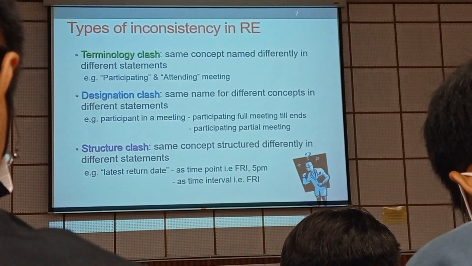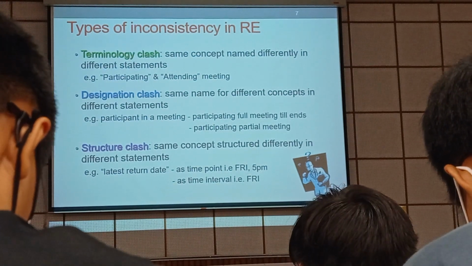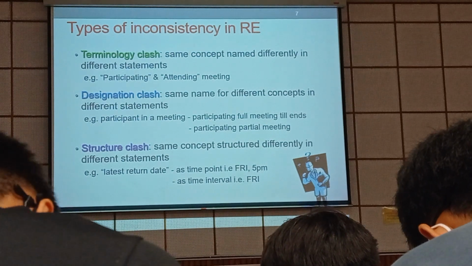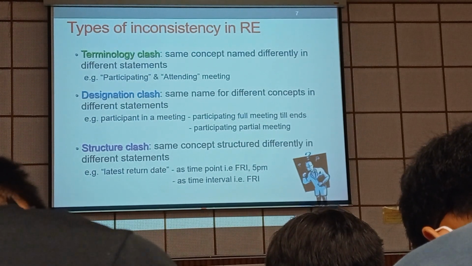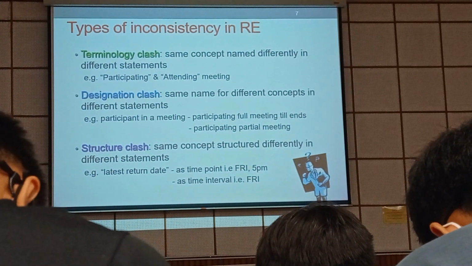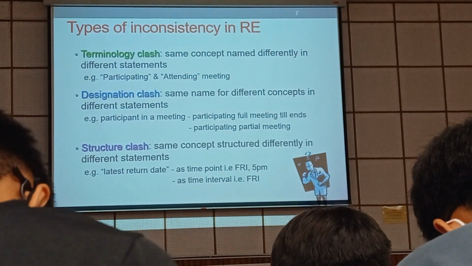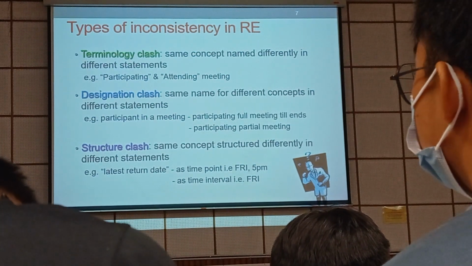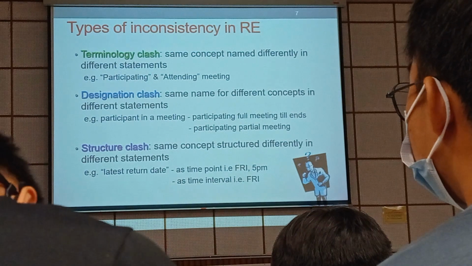Okay, what is structure clash? Structure is quite easy. You see the example given here, same concept, but you write it in different statements, differently. For example, the latest submission date, in one place you put Friday 5 p.m. This always happens when it comes to assignments, especially my assignments.